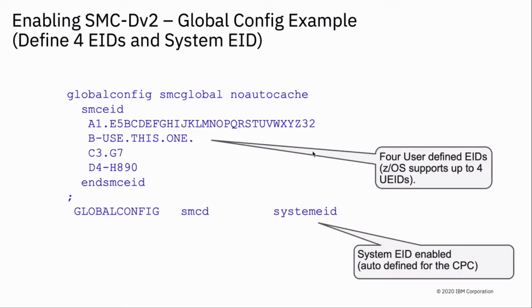And you can specify 4 of these enterprise IDs in this block. I specified 4; you can specify 1 through 4. And the rules for these: they take up to 32 characters. If you choose to have a shorter one, like my second, third, and fourth one, we'll just pad them to the right with blanks. And we allow uppercase A through Z.